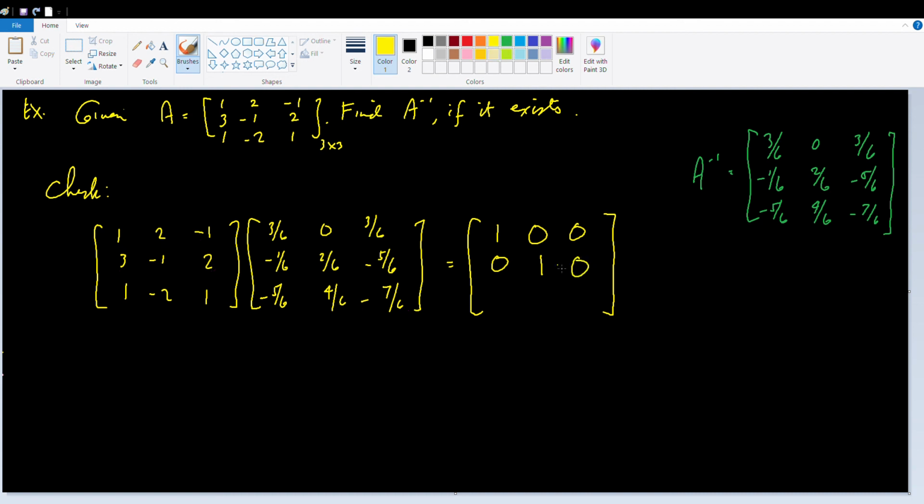Okay, so third row. Third row to the first column. 1 times 3 over 6 is 3 over 6. Negative 2 times negative 1 over 6 is positive 2 over 6. 1 times negative 5 over 6 is negative 5 over 6. 3 plus 2 minus 5 is 0.